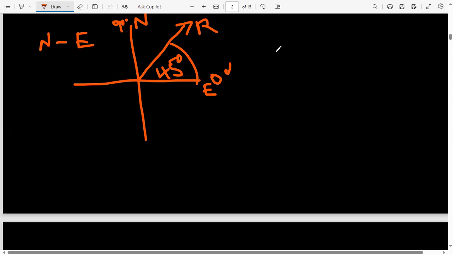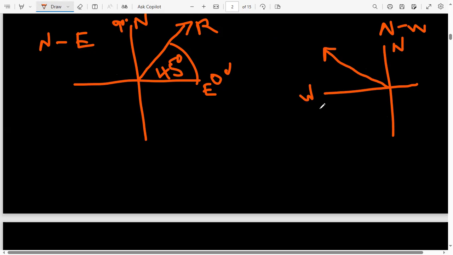Okay. And then when they say northwest, it means you have a vector between the north and the west. So this is it. If I have north, then I have west, I have a vector that is between here.